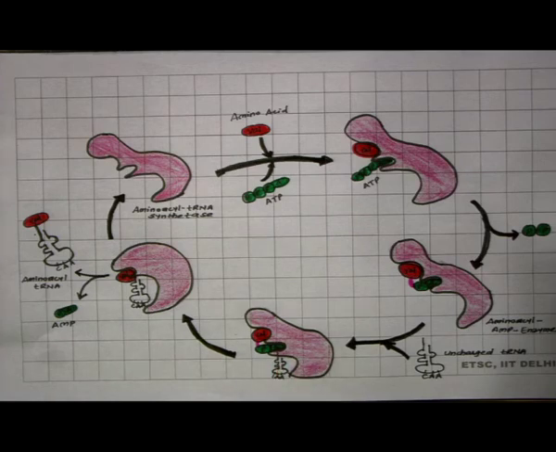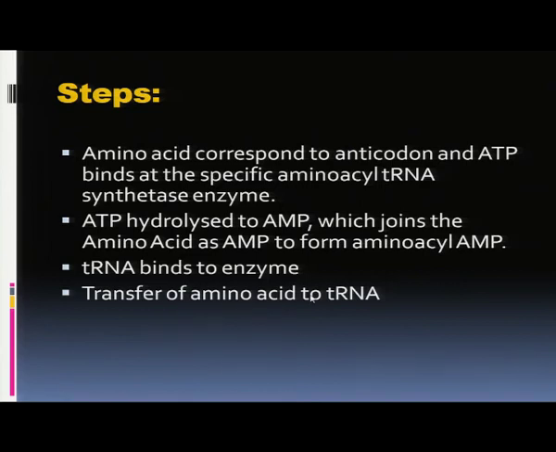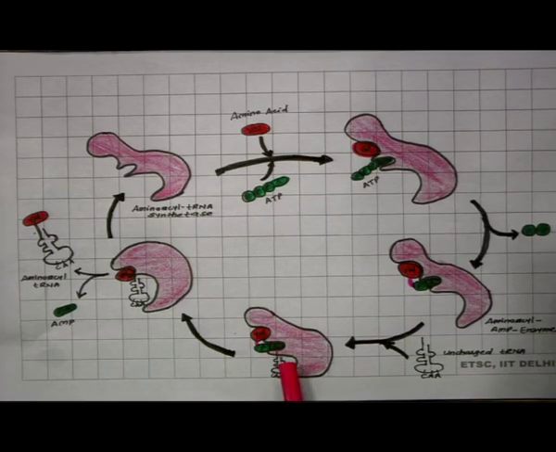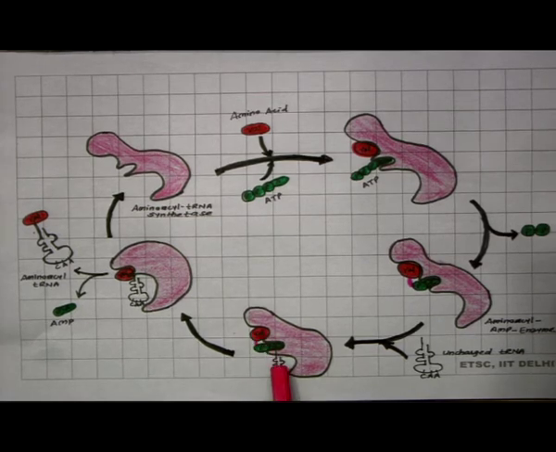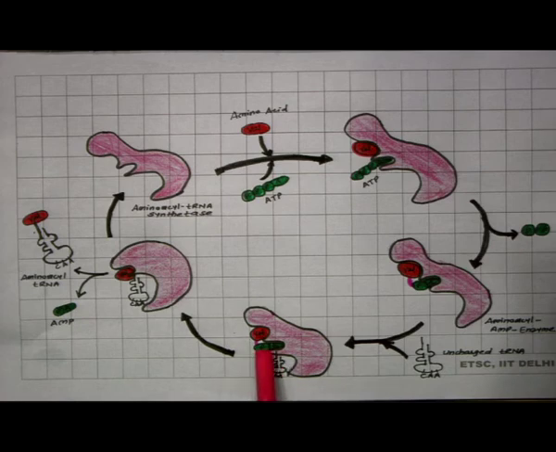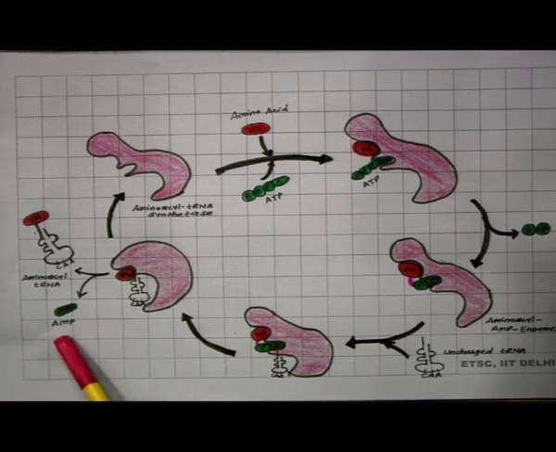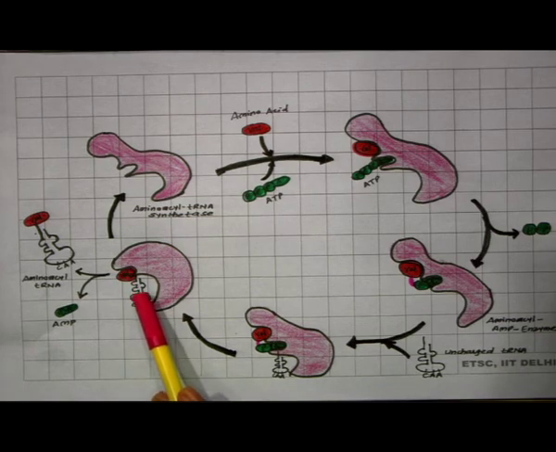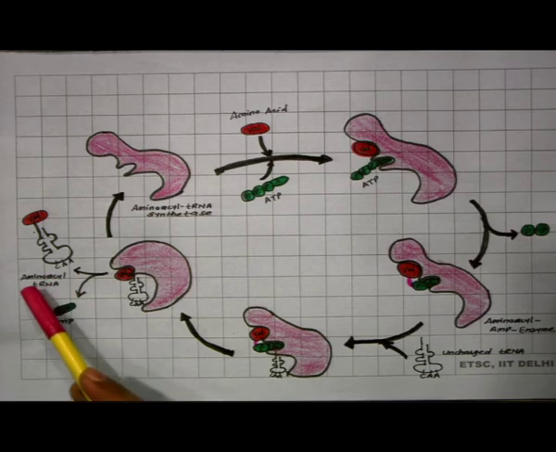After this, the next step, transfer of amino acid to transfer RNA. Now, this amino acid will combine with the 3' end of the uncharged transfer RNA, and while the formation of bond between amino acid and uncharged transfer RNA, this AMP will be removed, and this amino acid which is added at the 3' end of the transfer RNA is also released as amino acid transfer RNA or charged transfer RNA.